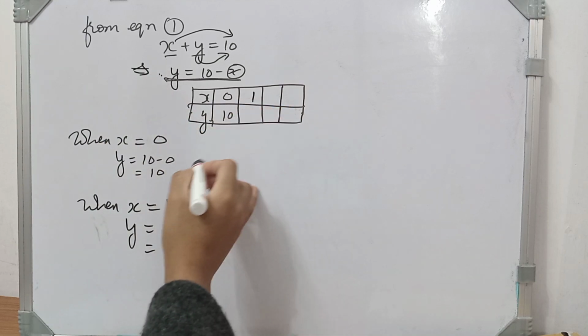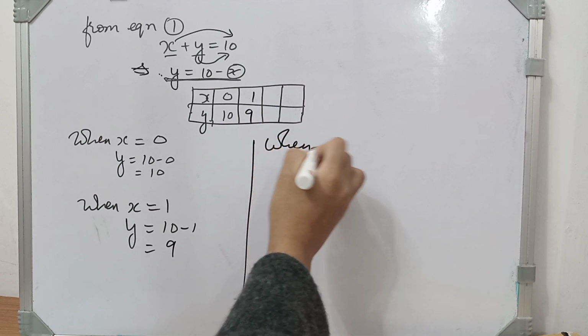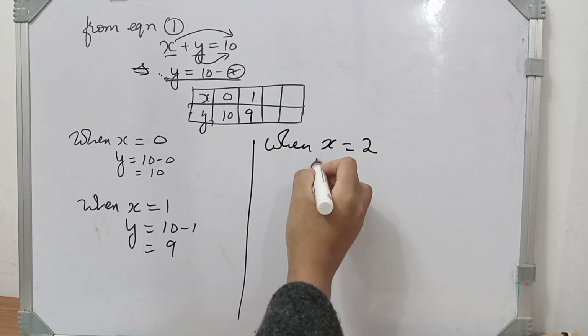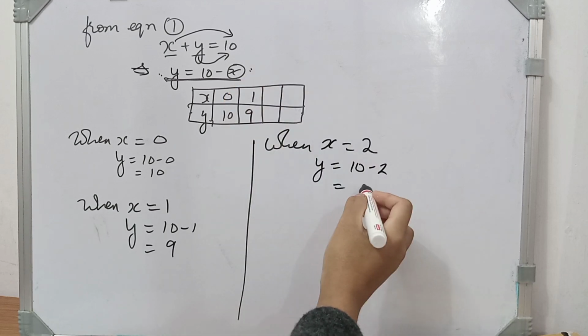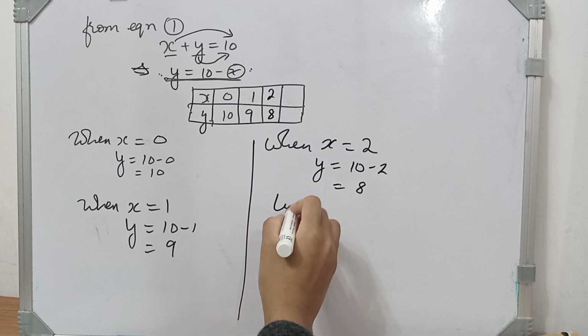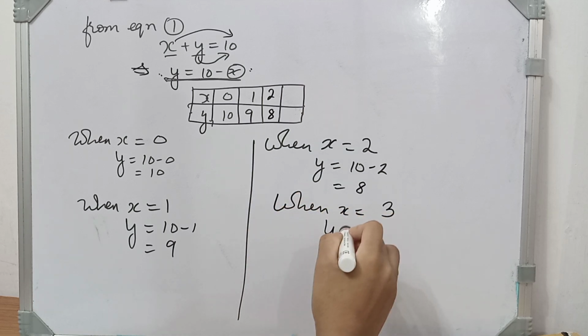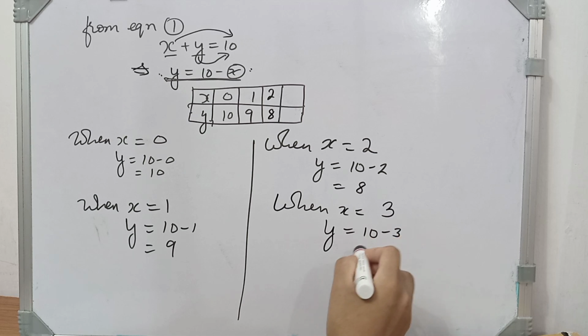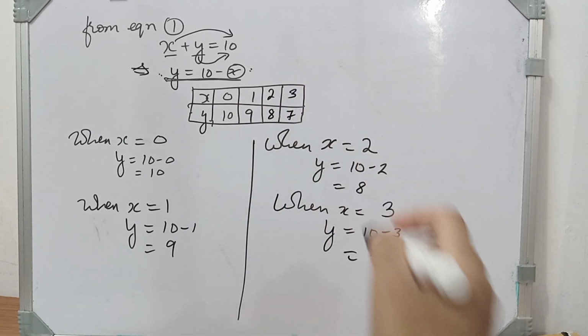When x is equal to 1, y is equal to 10 minus 1, which is 9. When x is equal to 2, y is equal to 10 minus 2, which is 8. When x is equal to 3, y is equal to 10 minus 3, which is 7.